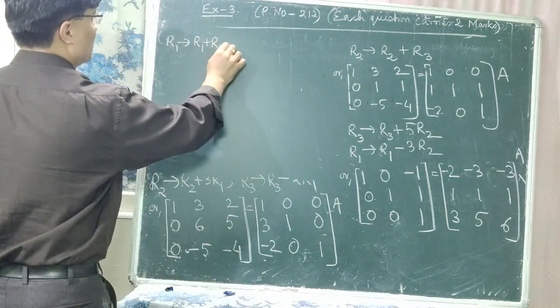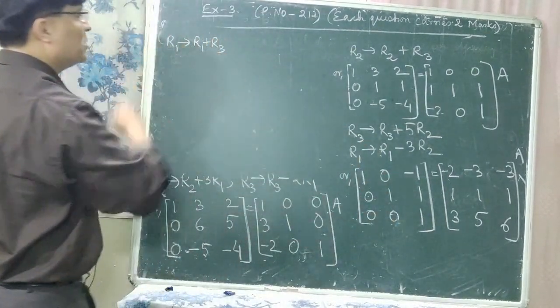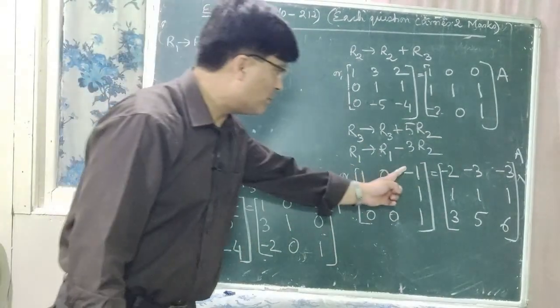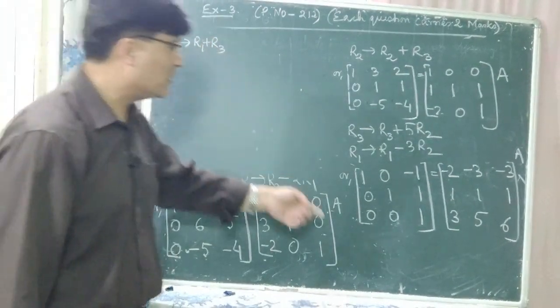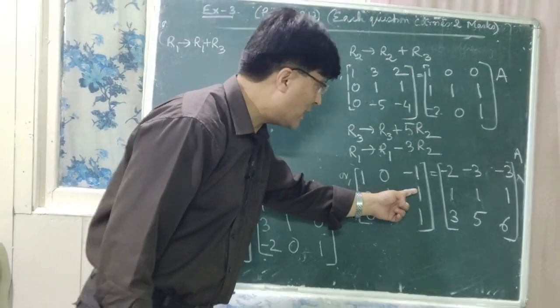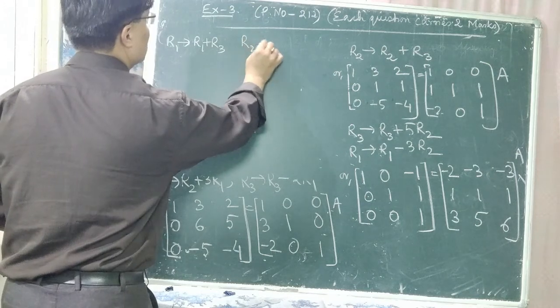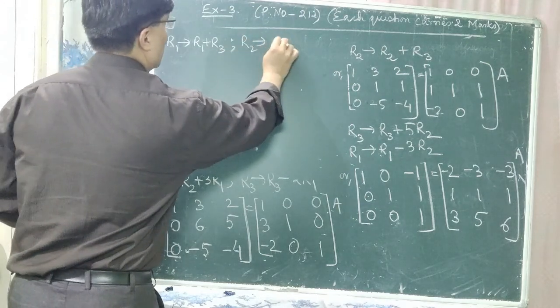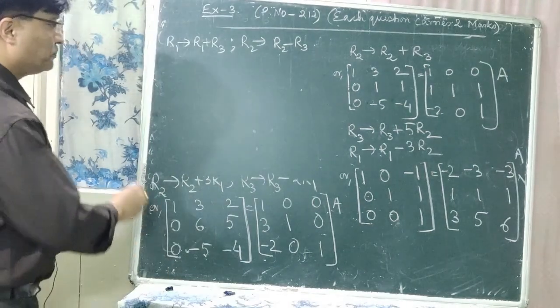If you add this minus 1 plus 1, it will be 0. Isn't it? Then you have to make this one 0. So R2 is equal to R2 minus R3. Is that clear?